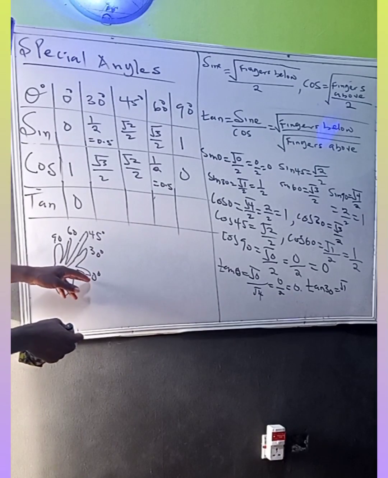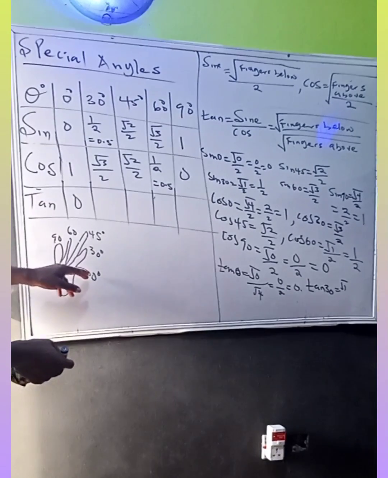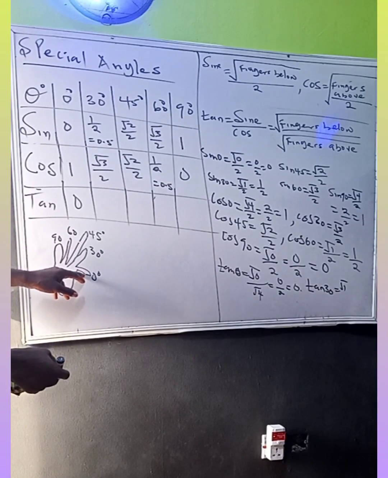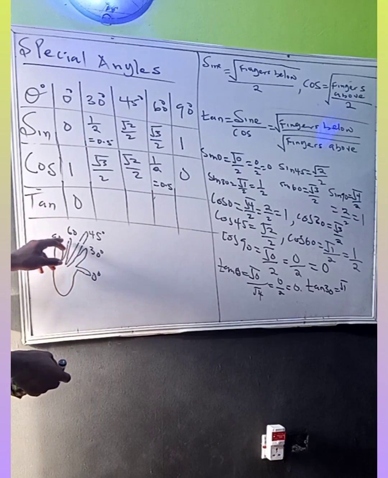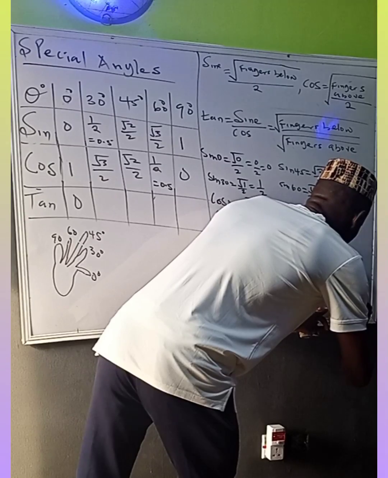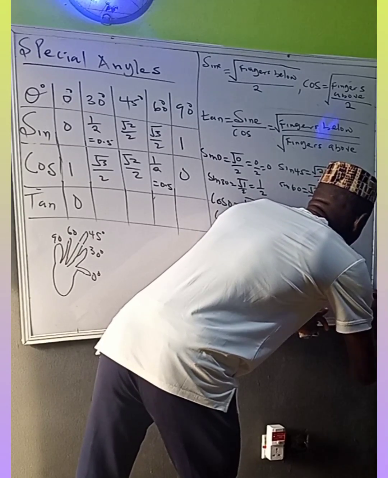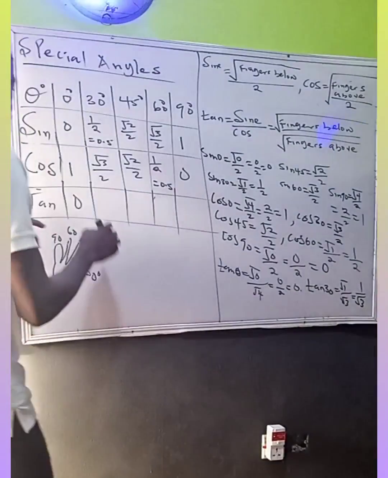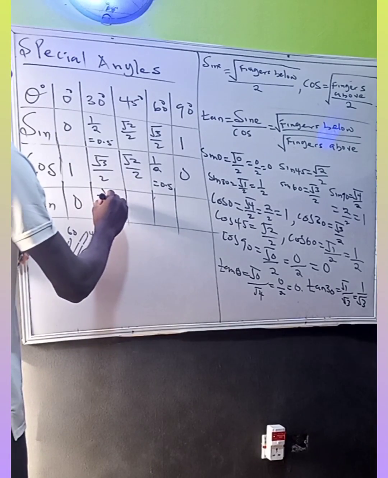Below 30 we have 1, then above 30 we have 1, 2, 3. So we are going to have square root of 3. Everything will give us 1 over root 3. So tan 30 is 1 over square root of 3.